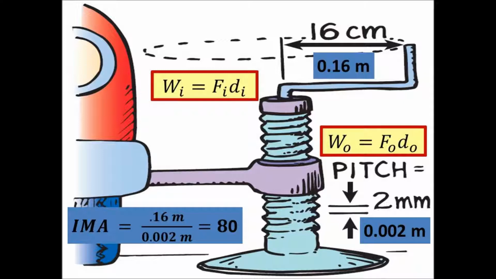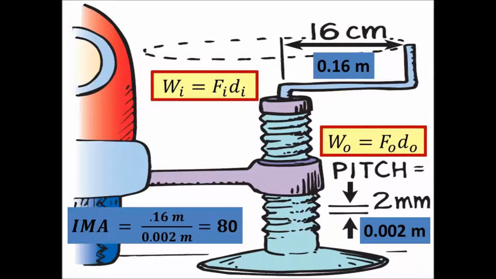The screw part, the big blue screw part, is going to be the axle. The wheel is going to be the one with a 16 centimeter radius. The handle is actually the radius of the wheel.